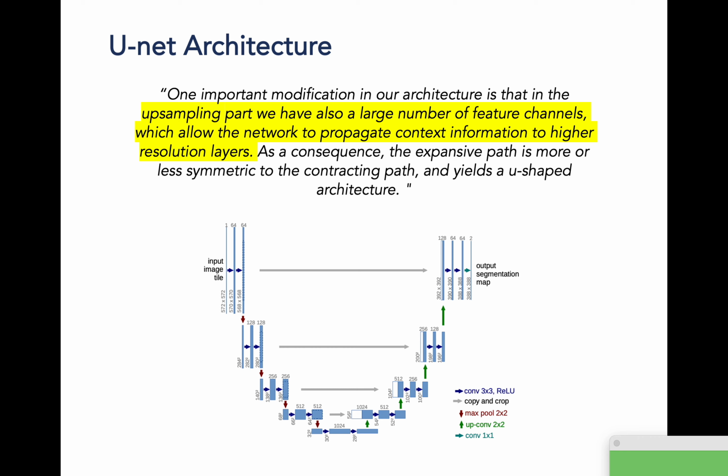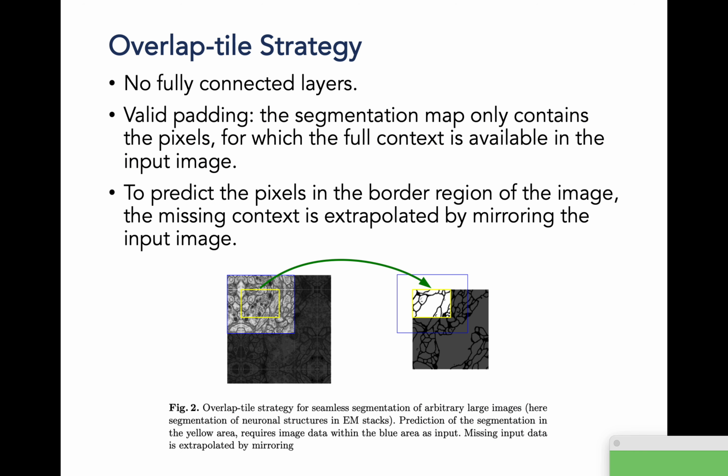And the consequence is this U-Net architecture, right? This more or less symmetrical contracting path and expansive path giving rise to this U-shaped architecture. We're going to go into more detail of what is really going on with this architecture in a minute. In the meantime, I should say that they use an overlap-tile strategy.